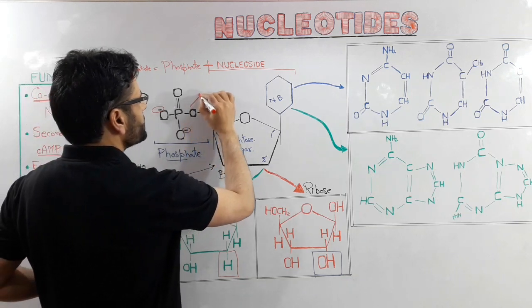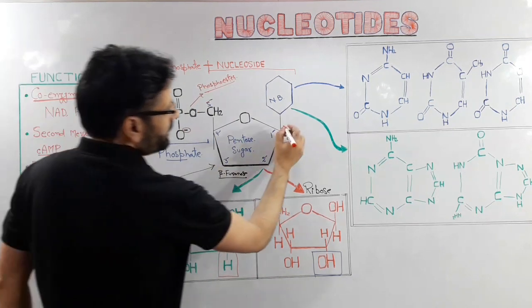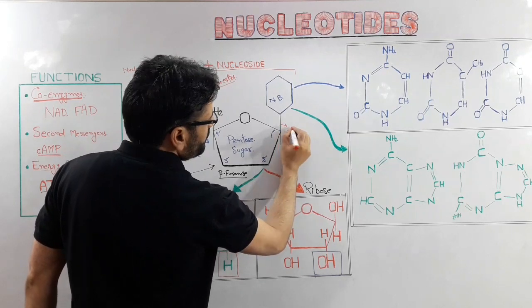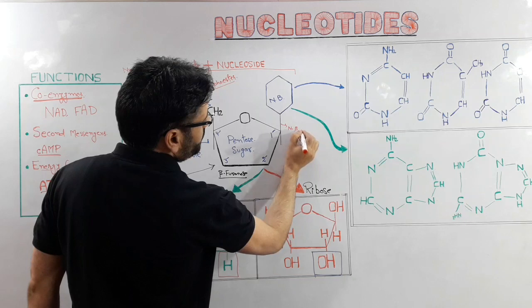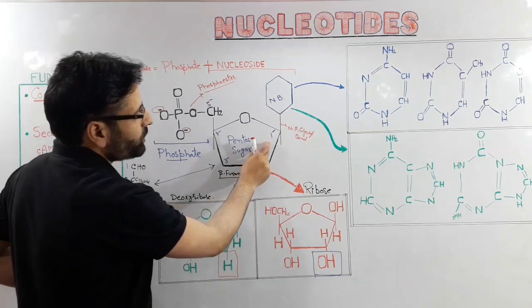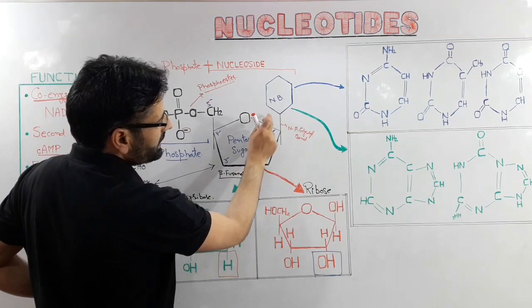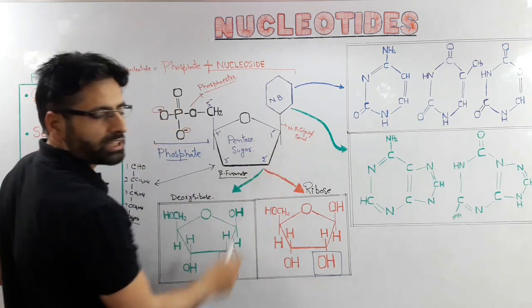That is, this is the phosphoester bond. And here we have this N-beta glycosyl bond.